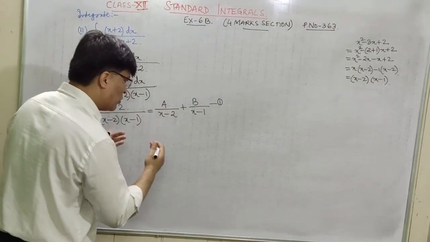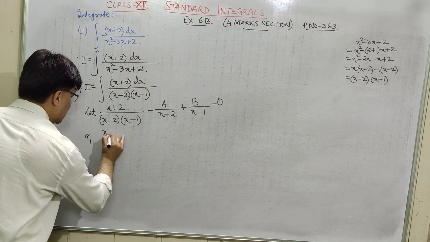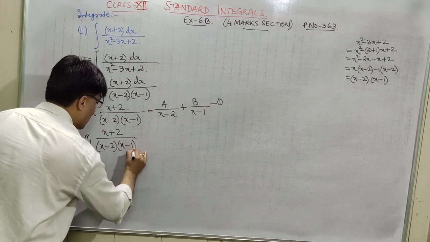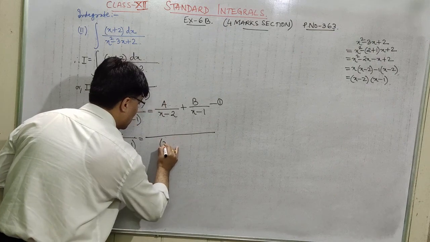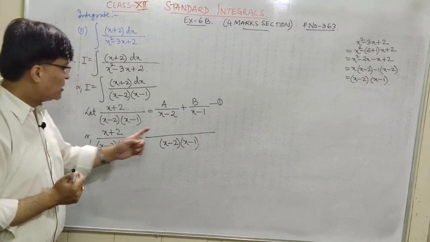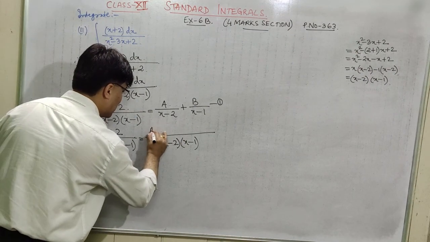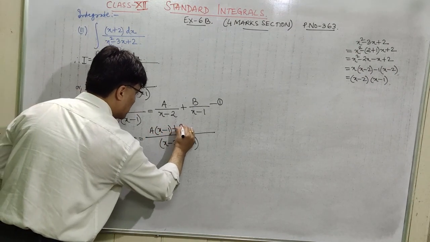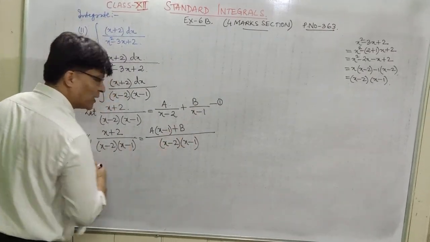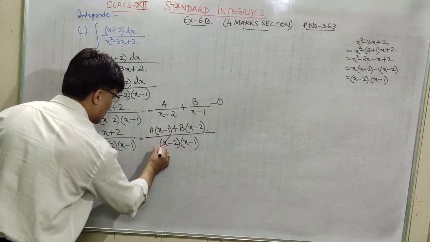Is that clear? So let us simplify it to get the values of A and B. The method is the same as in the previous one. So (x plus 2) upon (x minus 2)(x minus 1) equals A into (x minus 1) plus B into (x minus 2), over the LCM, which is (x minus 2)(x minus 1).